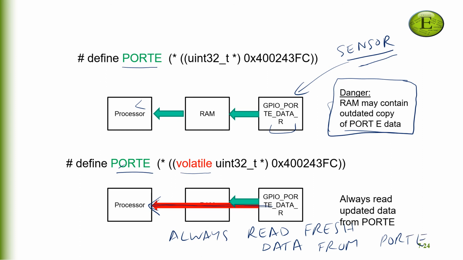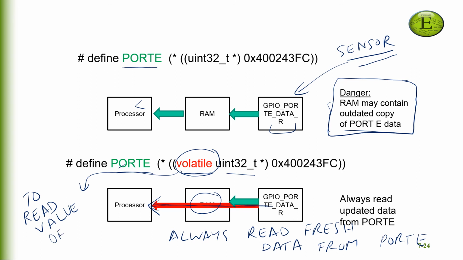And also we store a copy of that data in the RAM, but because we have a pointer to the volatile integer, whenever we read the value of that volatile integer, it is always read from the source. So this volatile makes it possible to read value from the source, which eliminates the hazard of reading in the stale data.